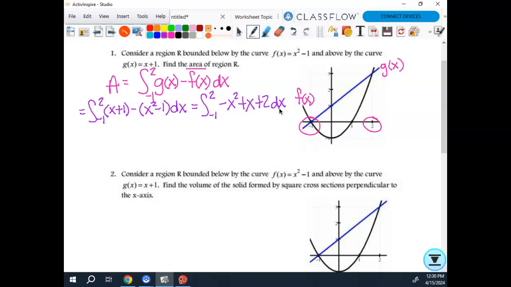Okay. Any questions about that? Now, can you actually integrate that? Yes. So integrate that. See what we get.